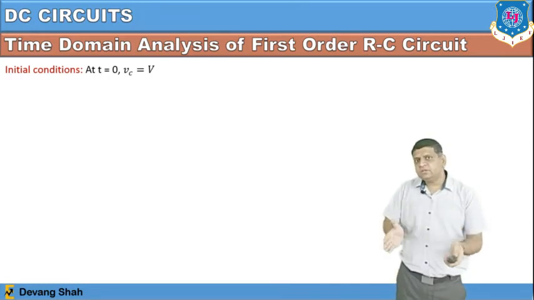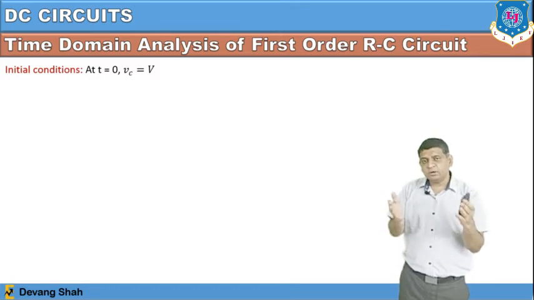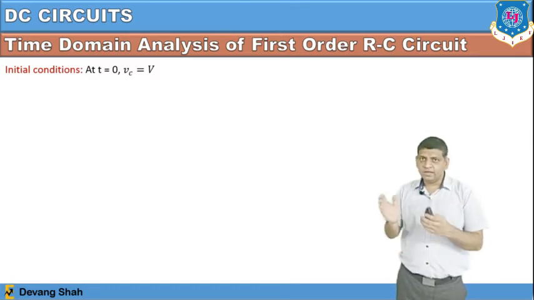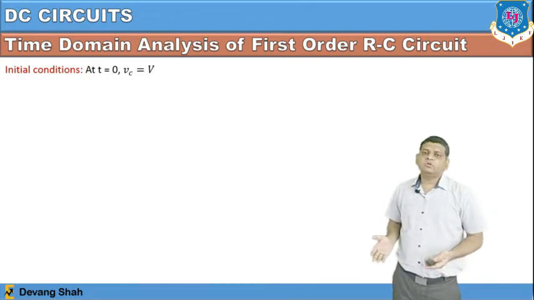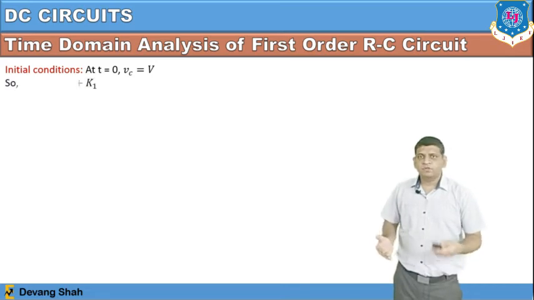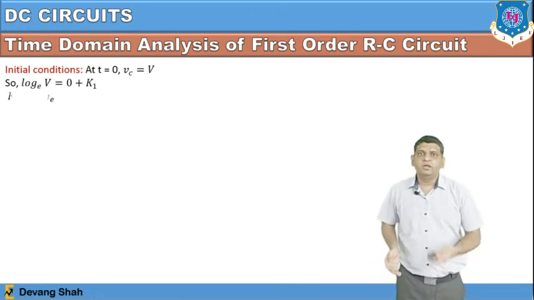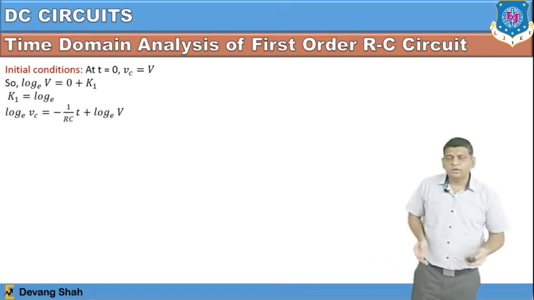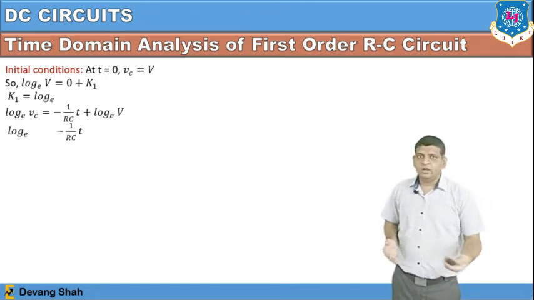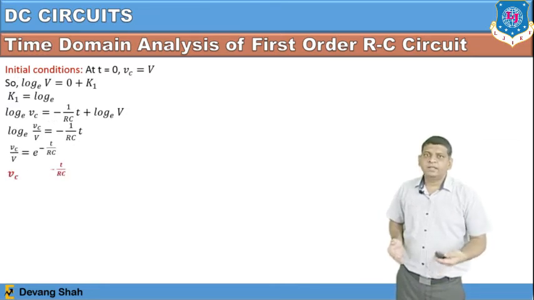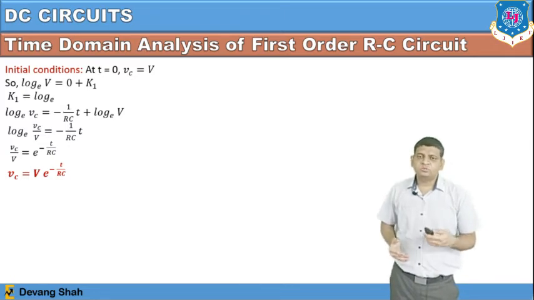The capacitor is fully charged, so the total voltage across the capacitor is V. So at the initial condition, when t is equal to 0 and the capacitor starts discharging, the voltage across the capacitor is V. So K1 is equal to log V. Putting this in the main equation, log Vc is equal to minus t by RC plus log V. Taking the mathematical steps, Vc divided by V is equal to e raised to minus t by RC.